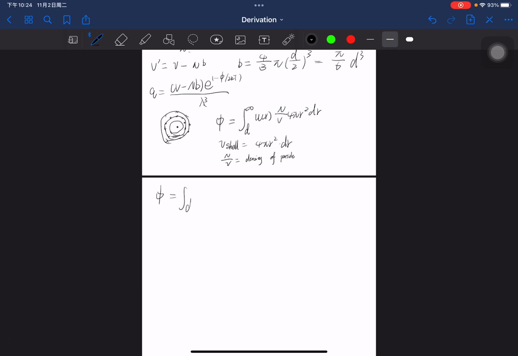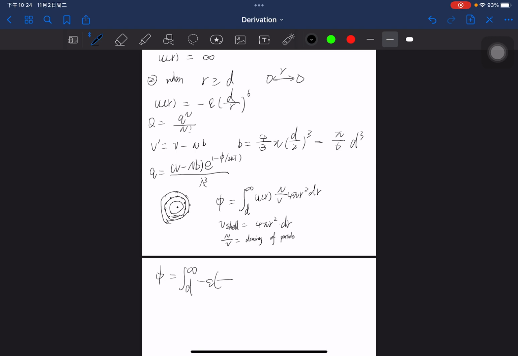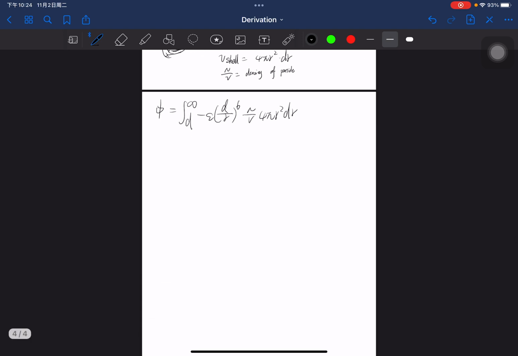What do we get? Negative epsilon d to the 6 divided by r to the 6, times N over V times 4 pi r squared dr. Integrating from d to infinity, we get d to the 6 divided by r to the 4 times N over V times 4 pi dr. And it's very easy to get the whole expression, which is negative 2a times N over V, where a in this term becomes 2 pi d cubed over 3 times epsilon.